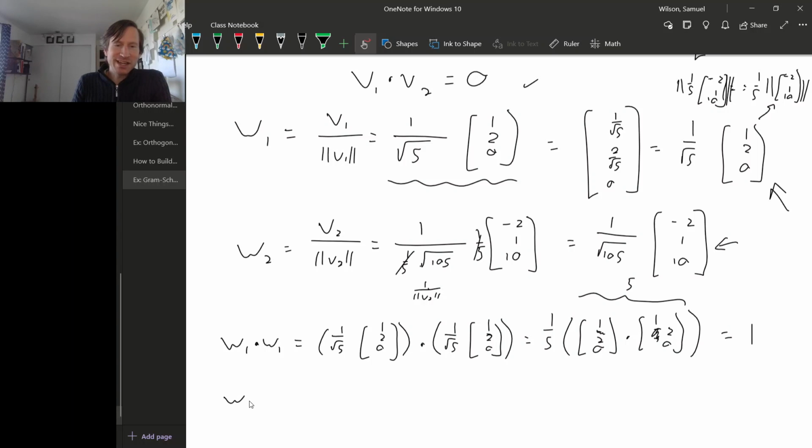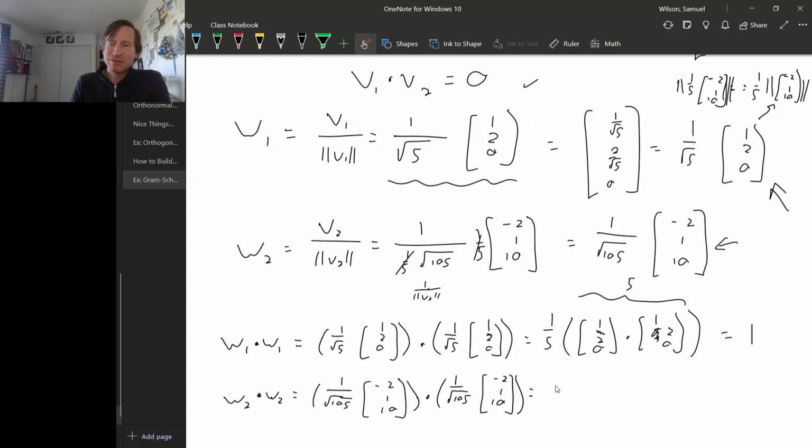Now let's calculate w2 dotted with w2. So this is 1 over root 105 times minus 2, 1, 10 dotted with 1 over root 105 times minus 2, 1, 10.